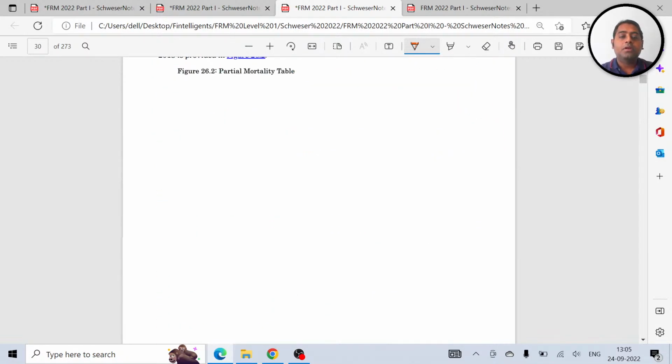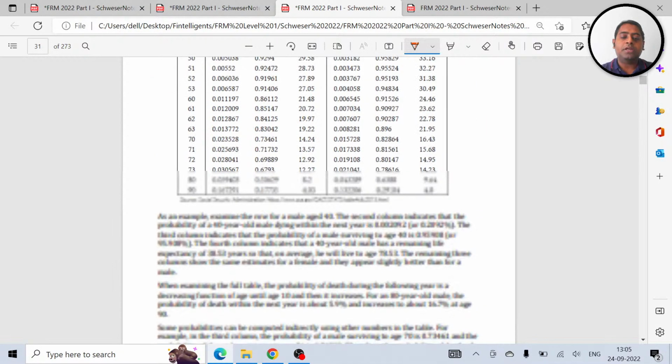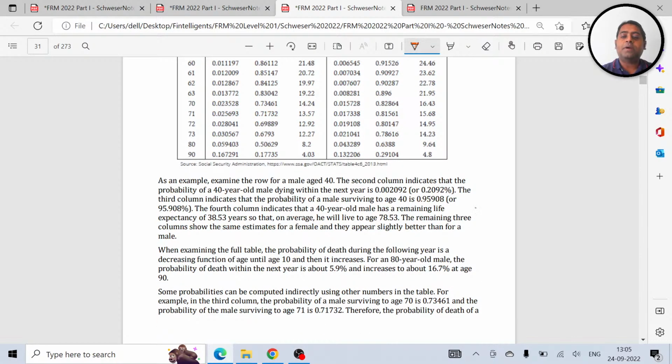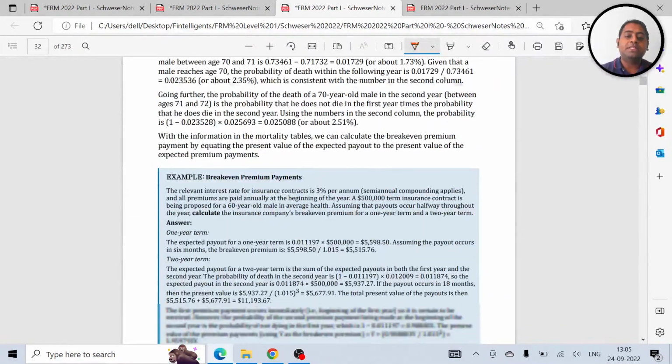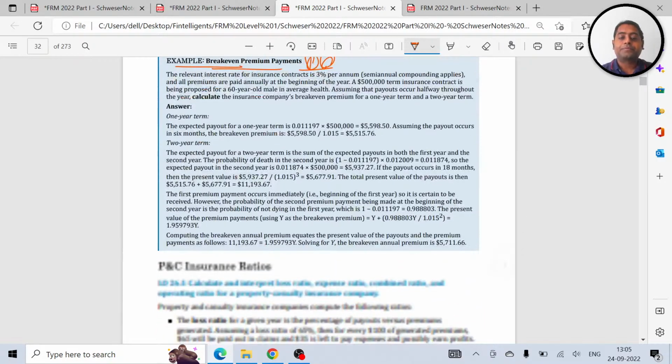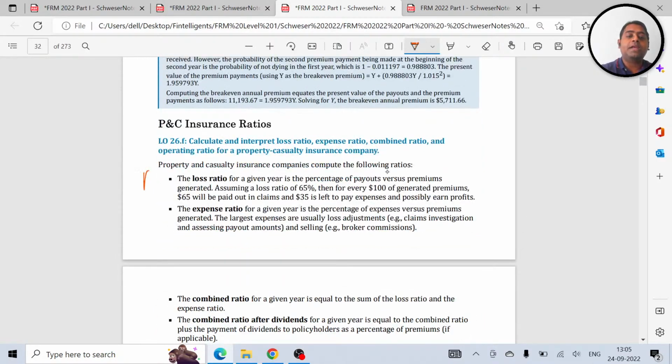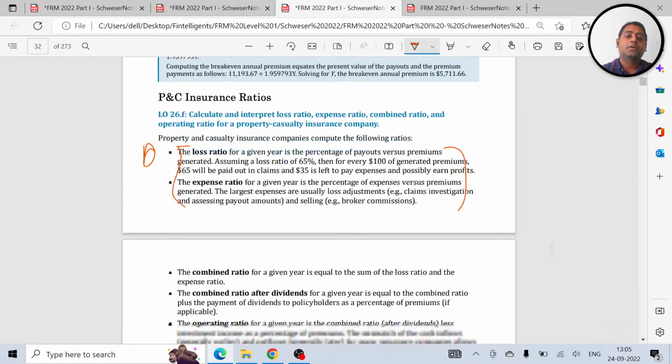Mortality table, I don't expect direct questions. The break-even premium is very, very important, so don't skip this. P&C ratios, marking it as star, important.